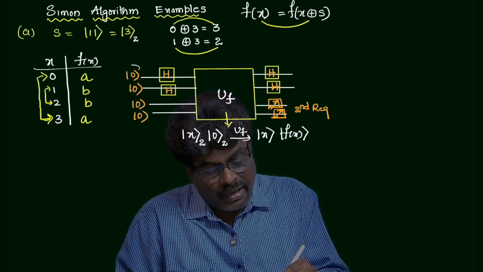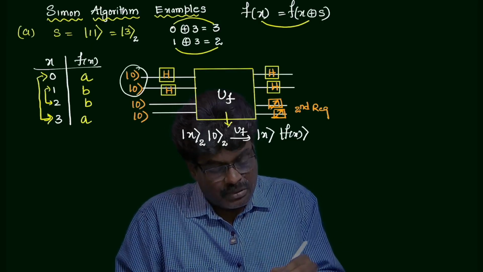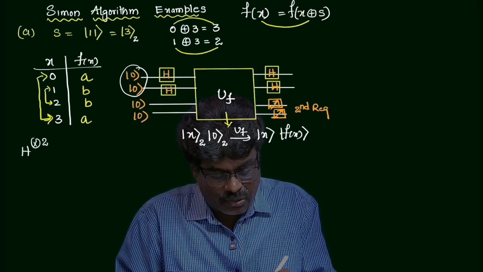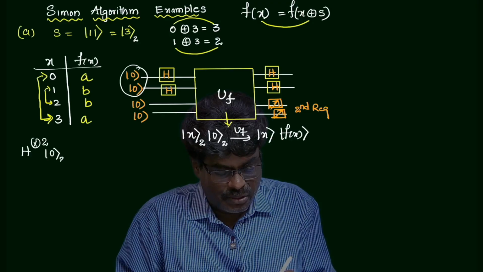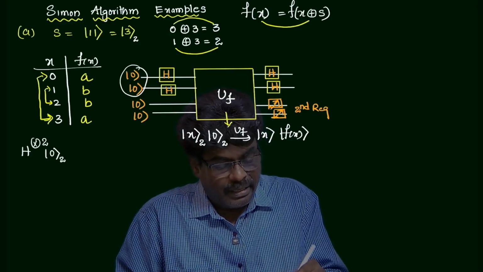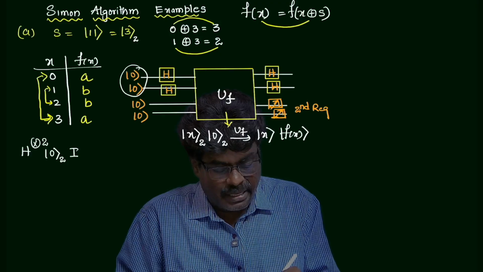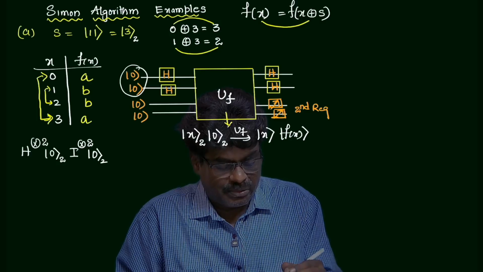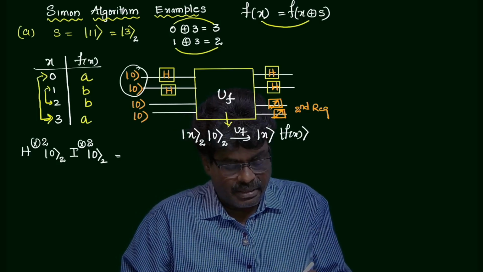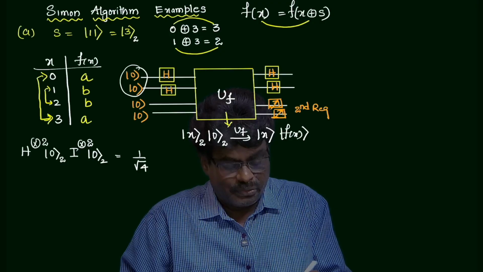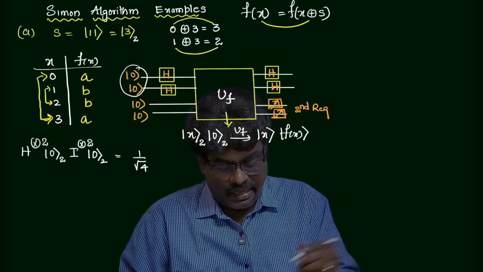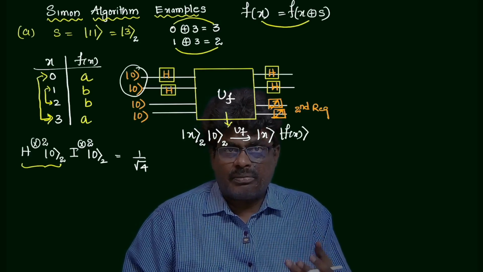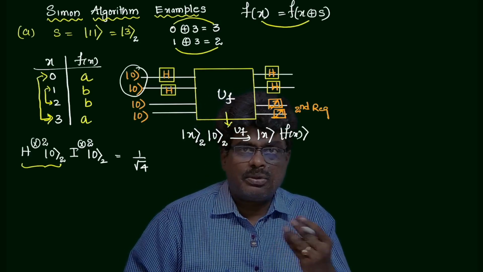Now initially we have this 0, so here 2 Hadamard operations, that means we can write H tensor 2 operates on this 0, 2 qubits, and here nothing is there, that's why I am taking I tensor 2 operates on 0. This is nothing but 1 over root 4, because here it creates a superposition of x, where x takes 0, 1, 2, 3.